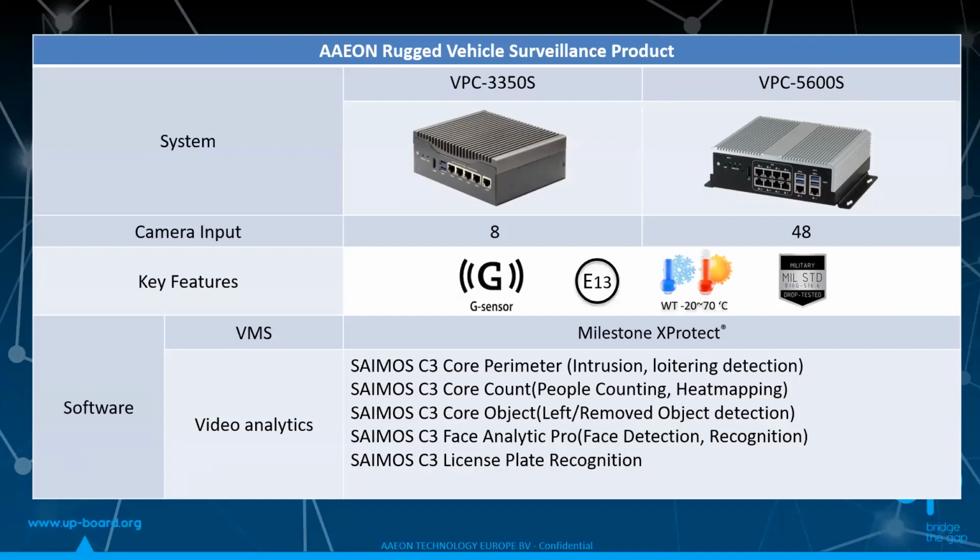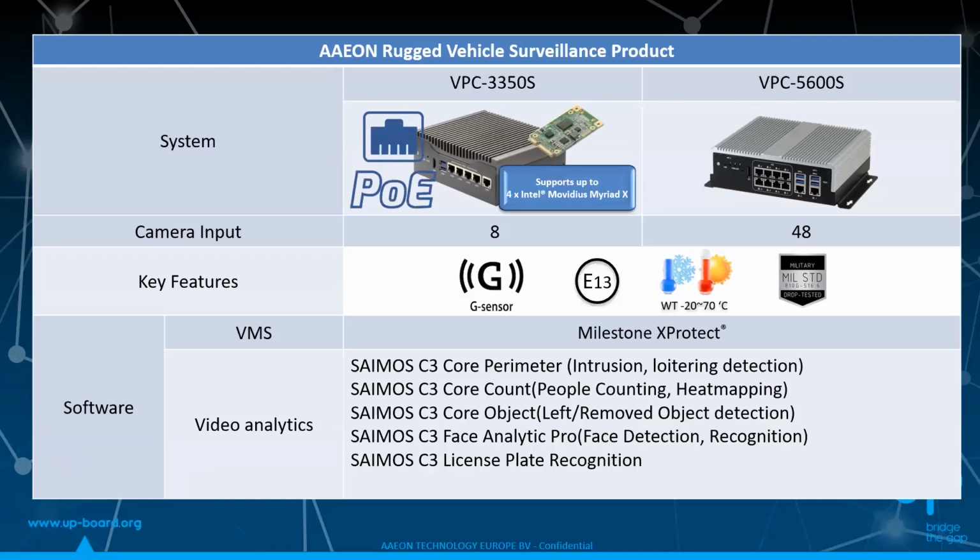It's equipped with built-in PoE ports and supports up to 4 Intel AI accelerators. As for the VPC5600S, its camera input is 48. Since these products are for vehicle use cases, one additional video analytic called ADAS, which is driver assistance systems, can be applied as well.